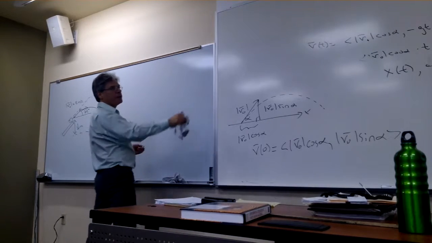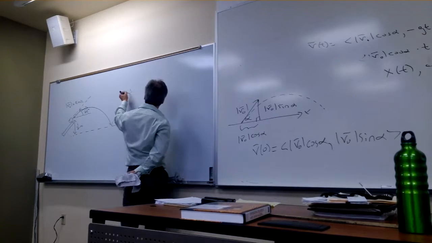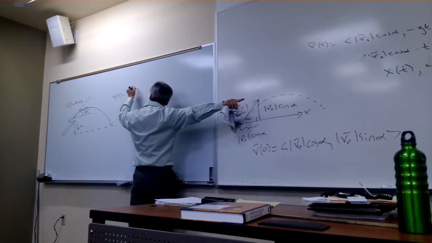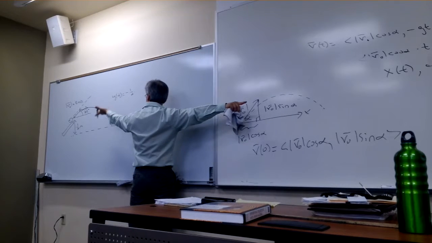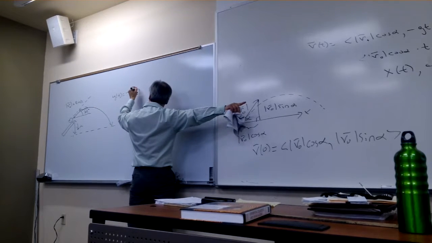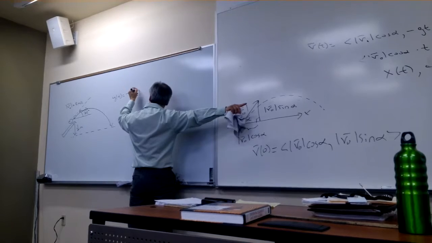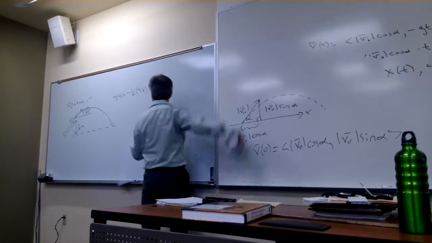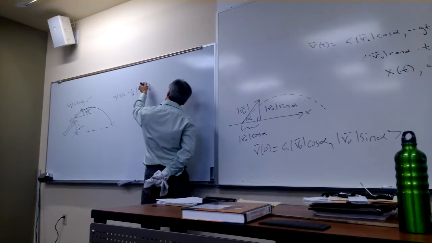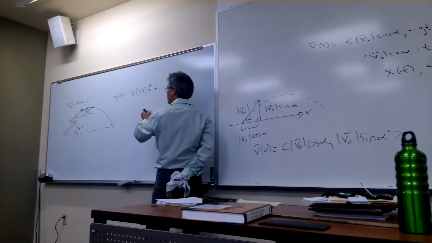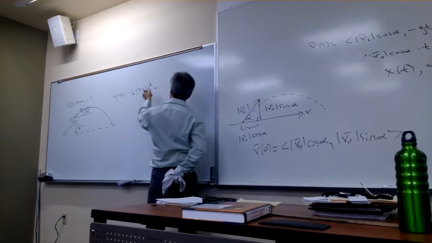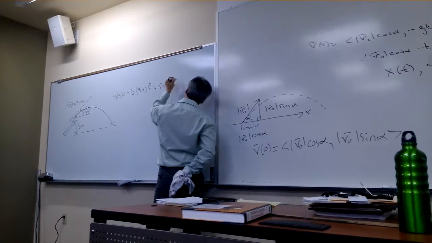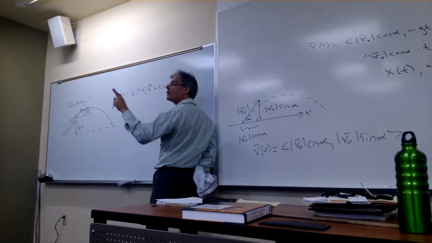And my vertical component, if you look carefully over here, is just going to be -1/2 g t squared plus v naught sine, well, v naught's magnitude, which is 5, times sine of 25 degrees t plus, I've got an additional component then, don't I?